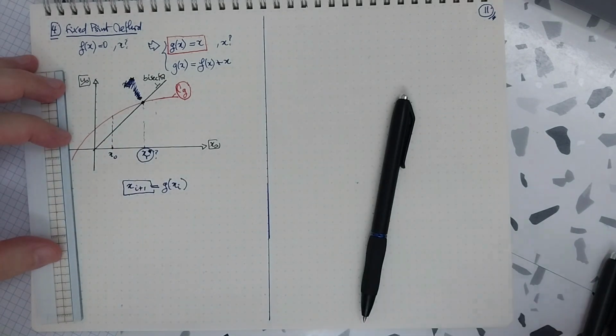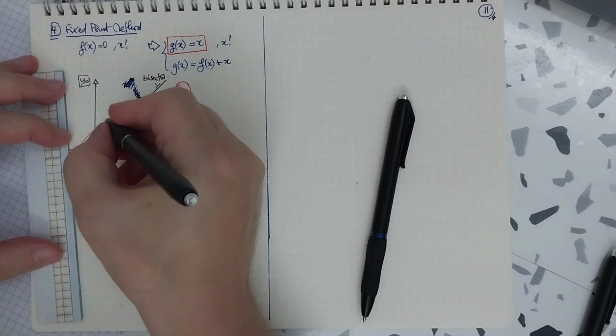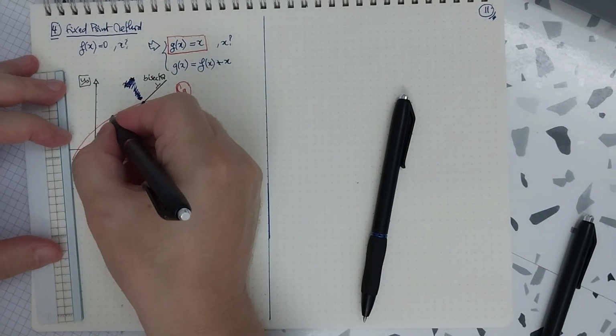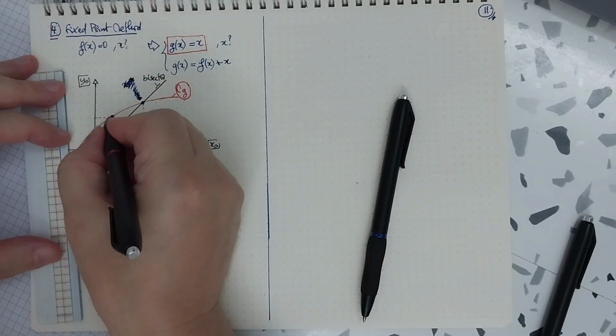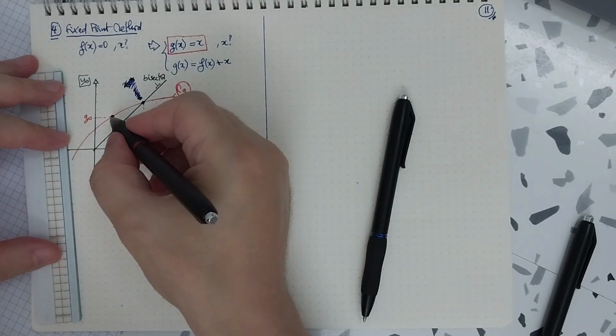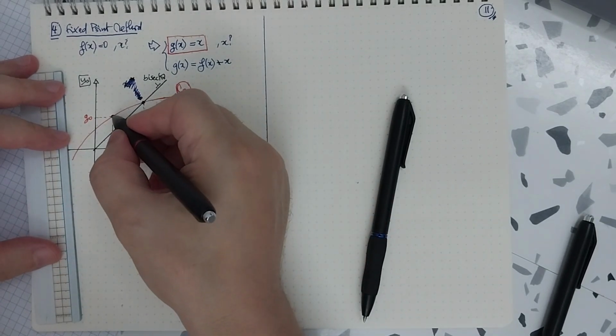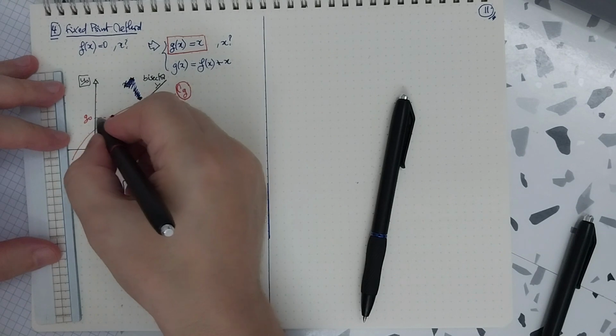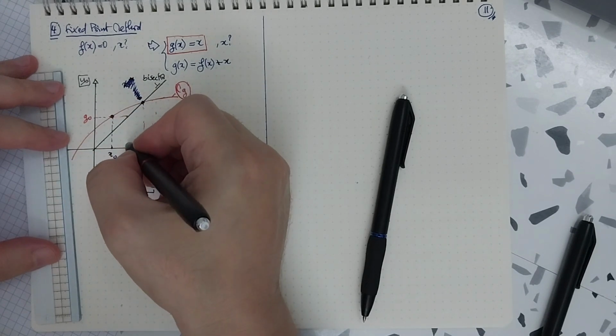It is carried by G. This is the image, this is G0. But because of the bisector, this is also the image. So G0 and this point are the same.